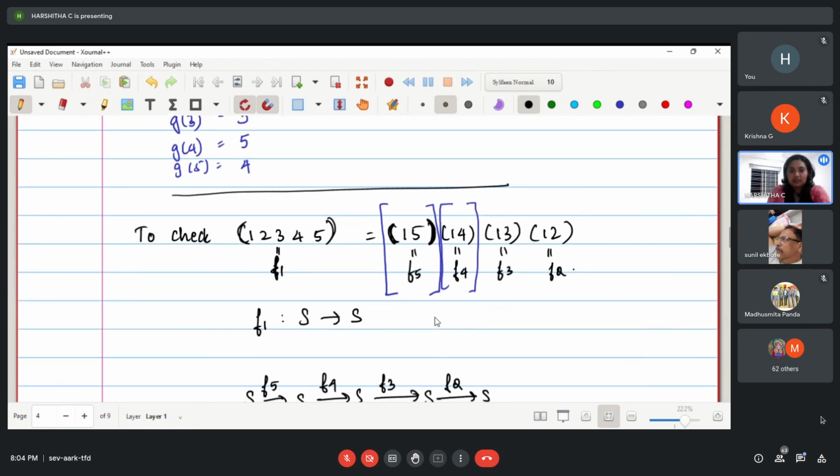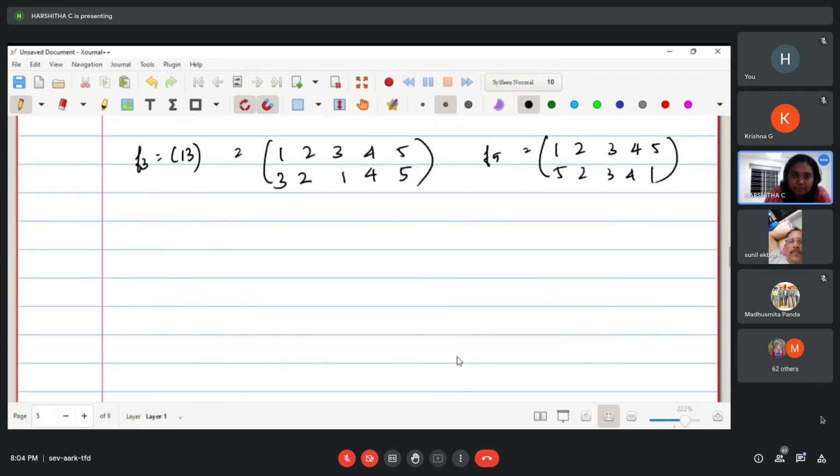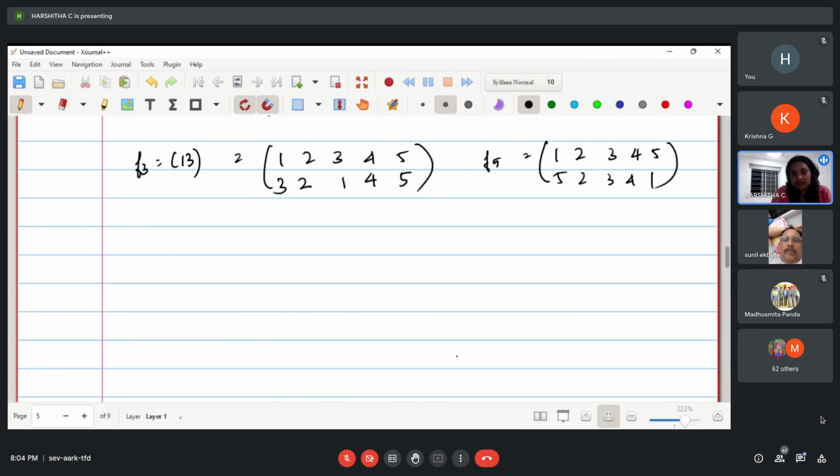So when we go back here, what have we achieved? We have achieved the function F1, or at least we have understood what the function F1 is, where the elements are going. We have understood F2, F3, F4 and F5, right? Now we just take the product and see that F1 is the same as F2 composed with F3, composed with F4 and composed with F5.